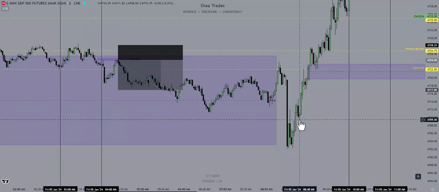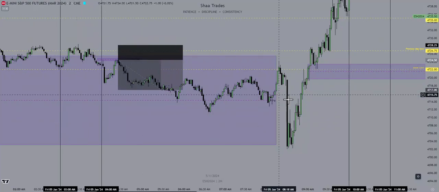And I do believe ICT himself took a trade right here. So if you go into his channel, I believe his last video that he uploaded, his execution video, live trading, he took his trade right here. So if you go back and look at that, I believe he was on the 1-minute chart.